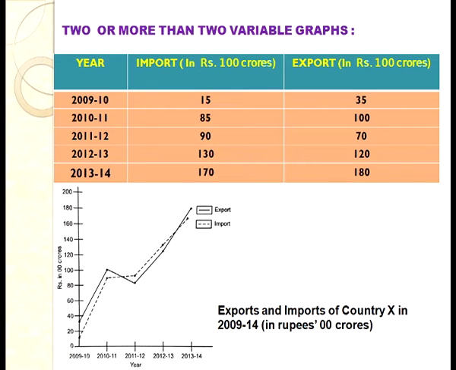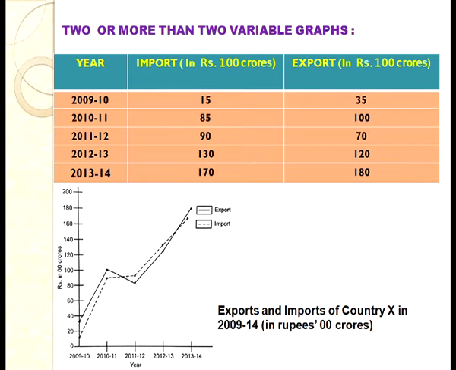For 2009 to 10, the data is 15. Now, first point plotted for the year, as you can see. Likewise for 2010 to 11, 85. Then for 2011 to 12, 90. 2012 to 13, 130. 2013 to 14, 170. As you can see in this diagram, the imports are being shown with the dotted line.